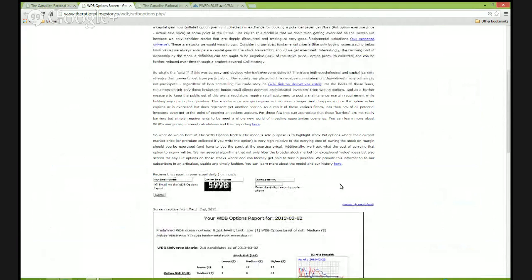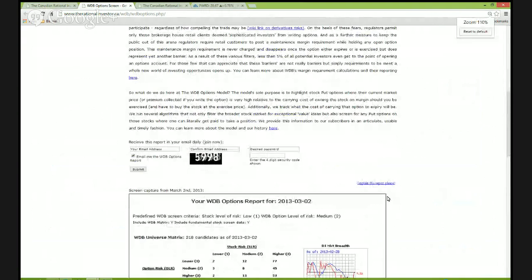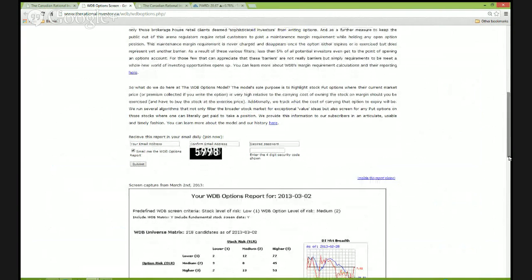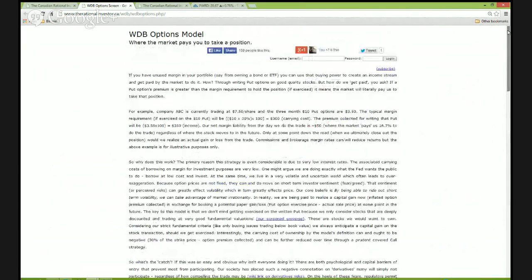If we zoom this in a bit so you can see, all you need to do is enter your email address, confirm it, create a password, enter the security code just so we know you're not a bot, and away you go. You get this report in your email, very customizable on a daily basis.